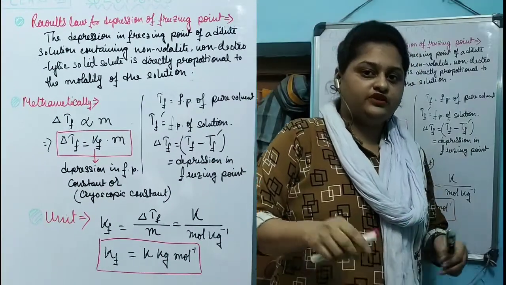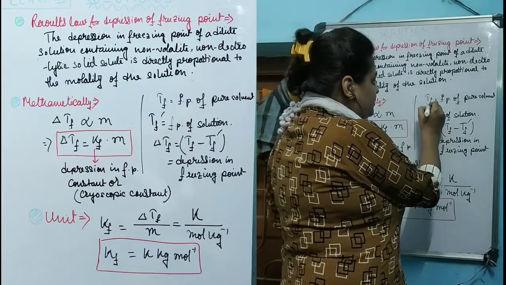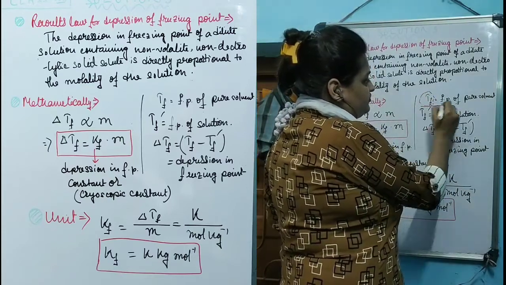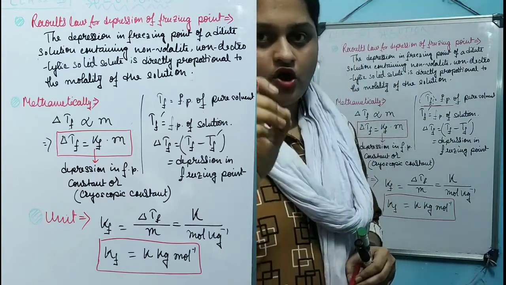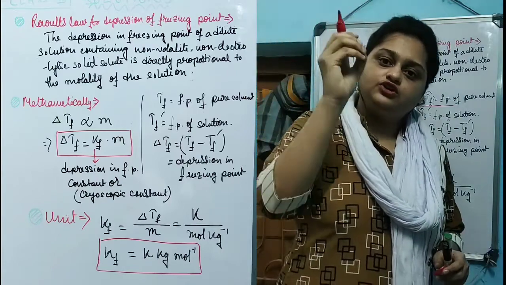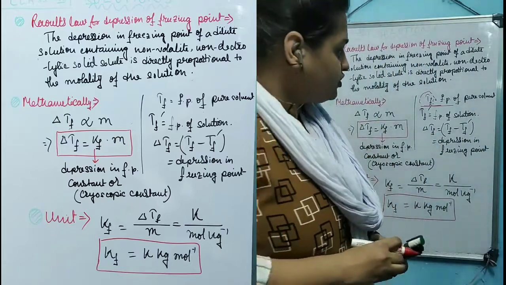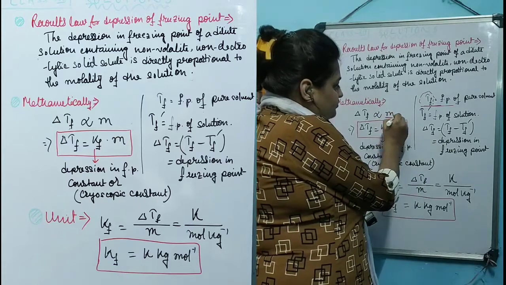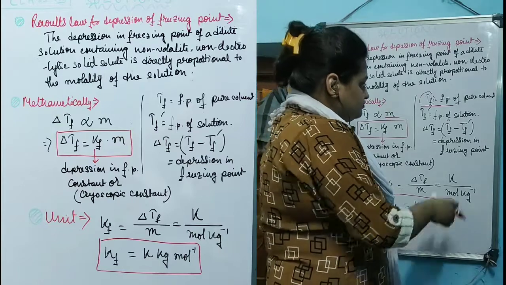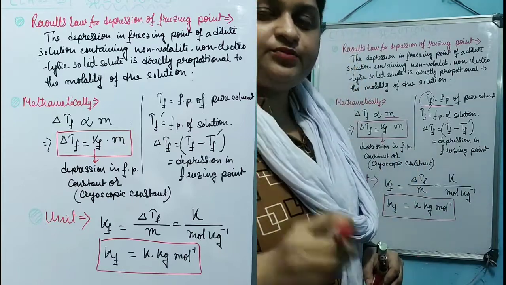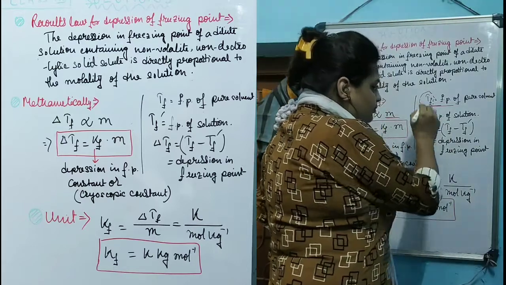Suppose you are observing a pure solvent and the freezing point of that pure solvent is found to be Tf. Then you add a non-volatile, non-electrolytic solid solute to that solvent and make a solution. The strength of that solution you found to be m molal. And the freezing point of the solution you now observe to be Tf prime.